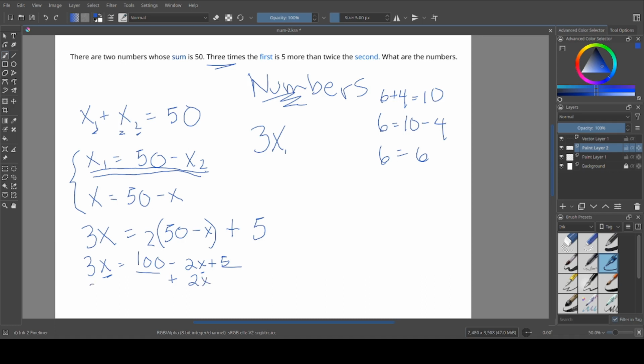Then moving over here, I have 5x is equal to, now I'm going to add these two right here. I can say 5x is equal to 105.